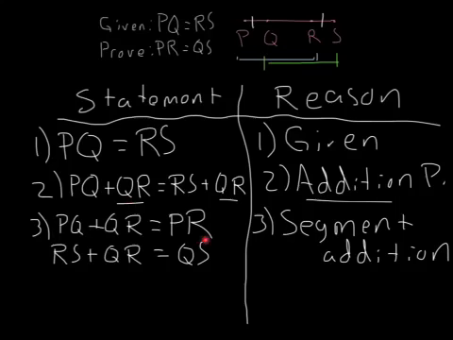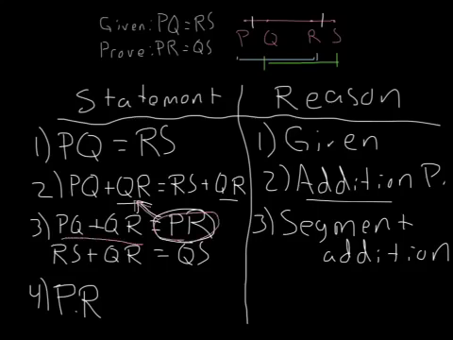Well, I know PQ plus QR is PR, so I can say that PR, and now notice I'm substituting PR here. I have PQ plus QR, PQ plus QR, and I'm substituting PR in right here. I'm substituting the PR in for PQ plus QR because I know that's equal. So I know I'm using substitution.